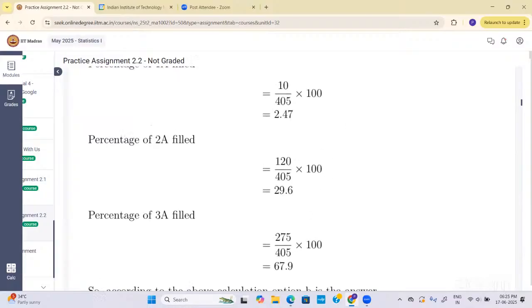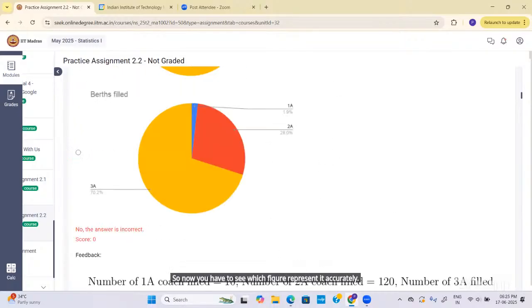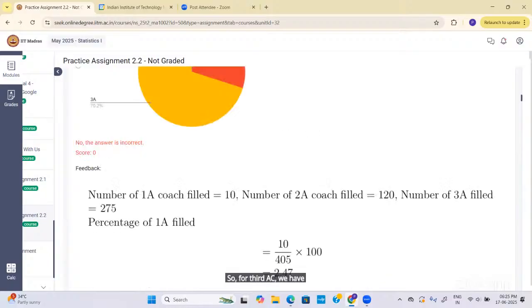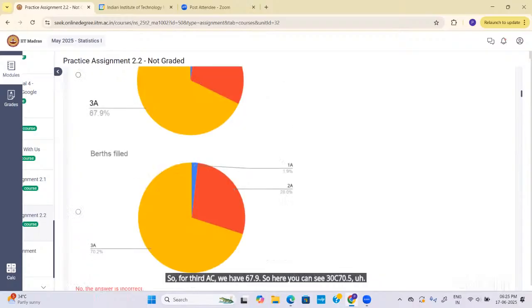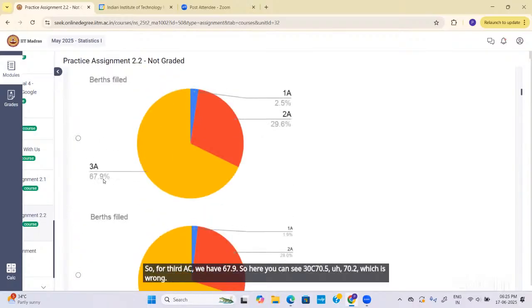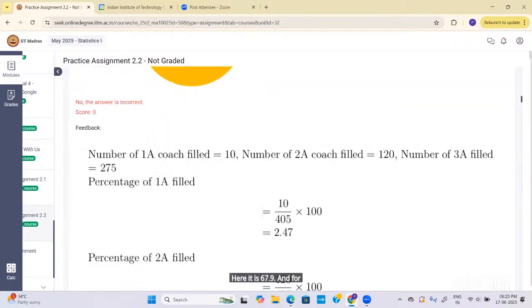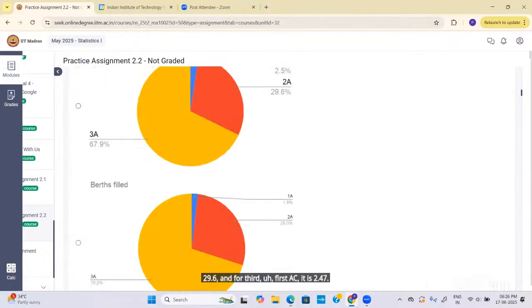Now you have to see which figure represents it accurately. For third AC, we have 67.9. Here you can see third AC 70.5, 70.2, which is wrong. Here it is 67.9. And for second AC it is 29.6, and for first AC it is 2.47, or 2.5 also we can say.